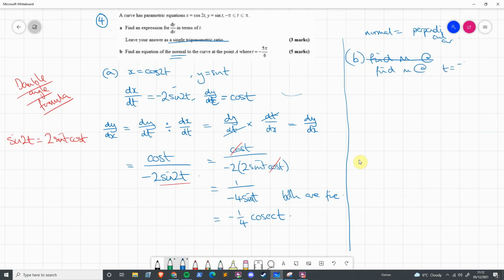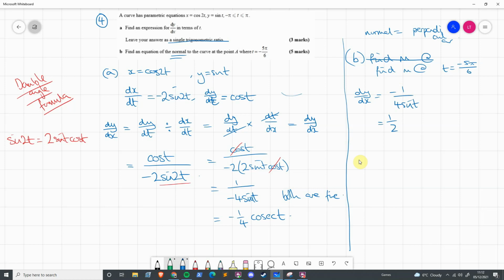At t equals minus 5 pi over 6. So take our dy by dx, which is minus 1 over 4 sine t, and if I substitute that in, it gets me a half, which is lovely.